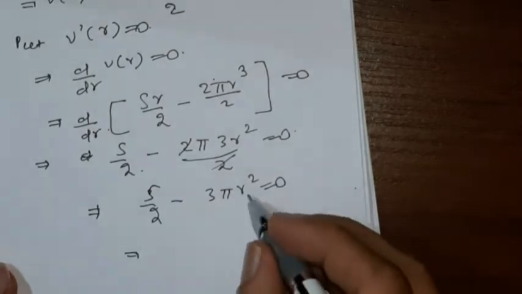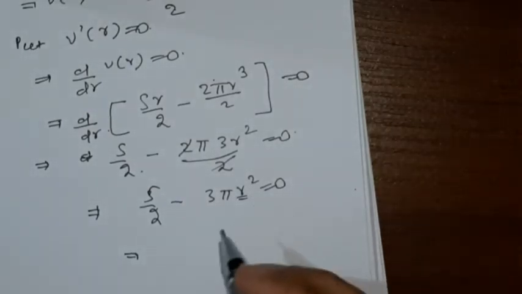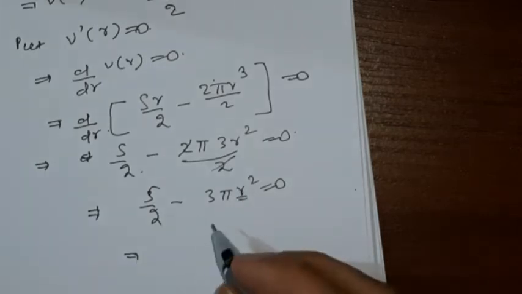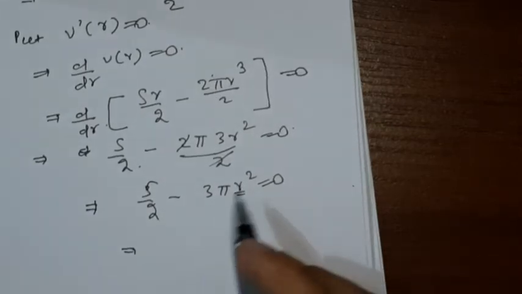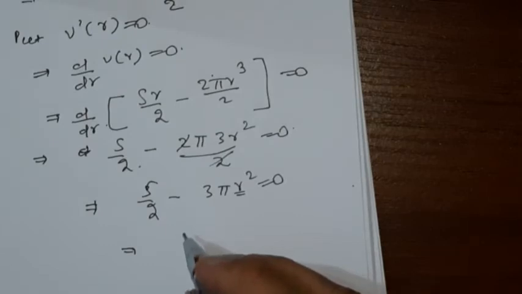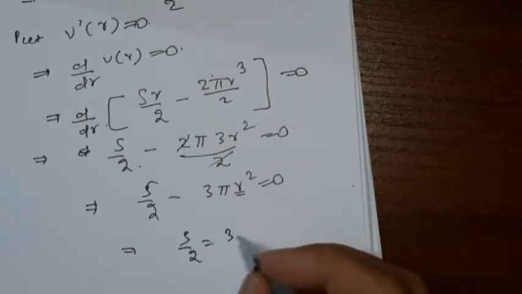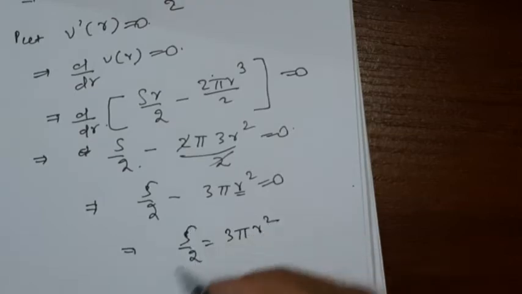Now we have to find this r, because the variable is r, we have to find the critical points. So s by 2 is equal to 3 pi r square.